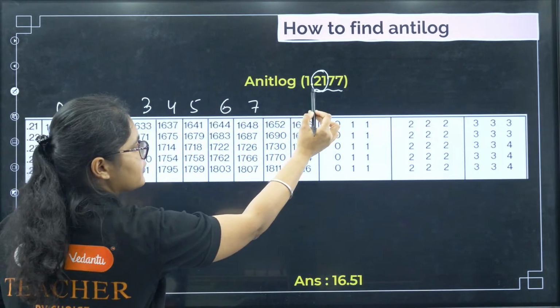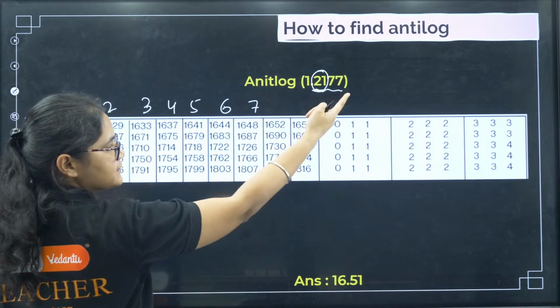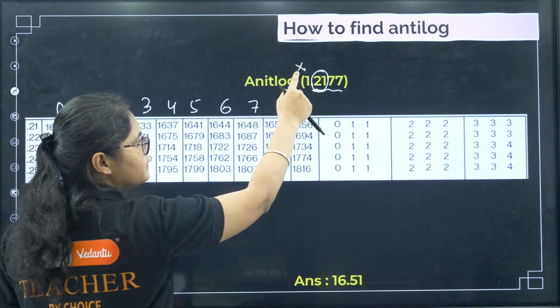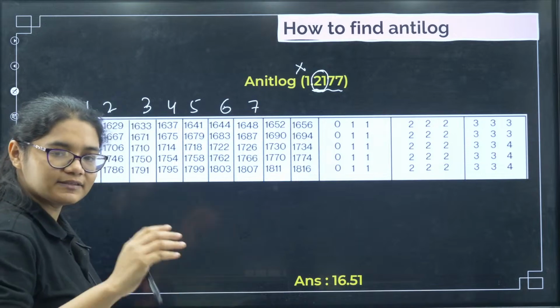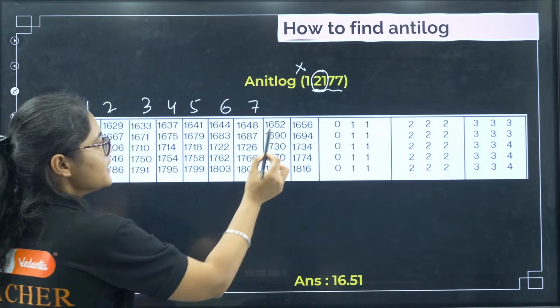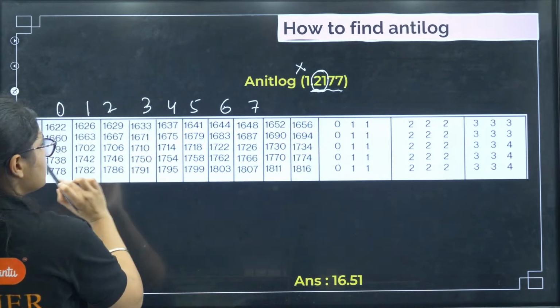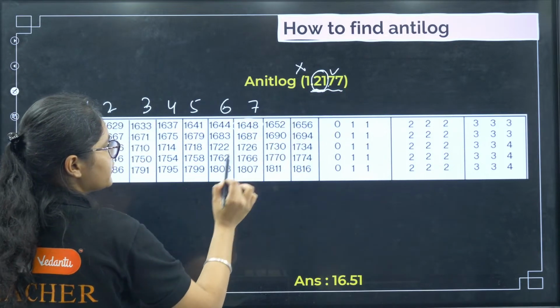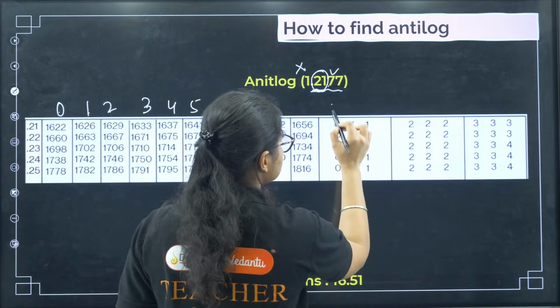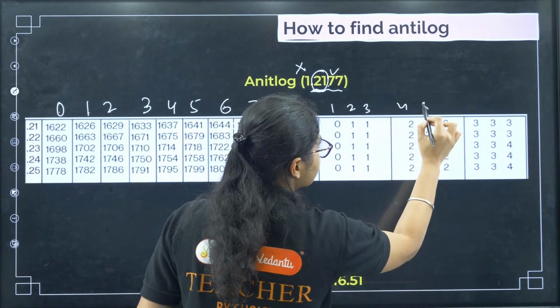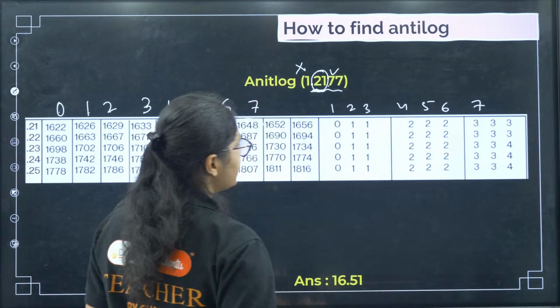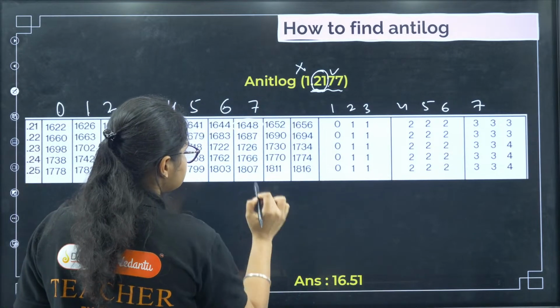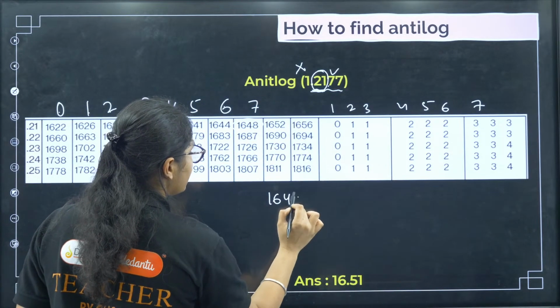So first I will check 2 digits after decimal. Numbers before decimal you have to forget here. So 2 1 is there, I'll take 2 1. Then below the 7th column, that is your 1648, right? So I have here 1648.